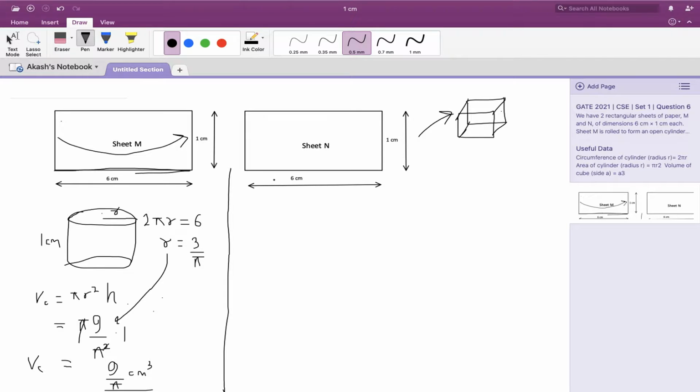And we can do that if we divide the longer side of the sheet into 6 equal segments. If we divide our sheet something like this, then we have 6 equal patches that each have a dimension of 1 centimeter length and 1 centimeter height.